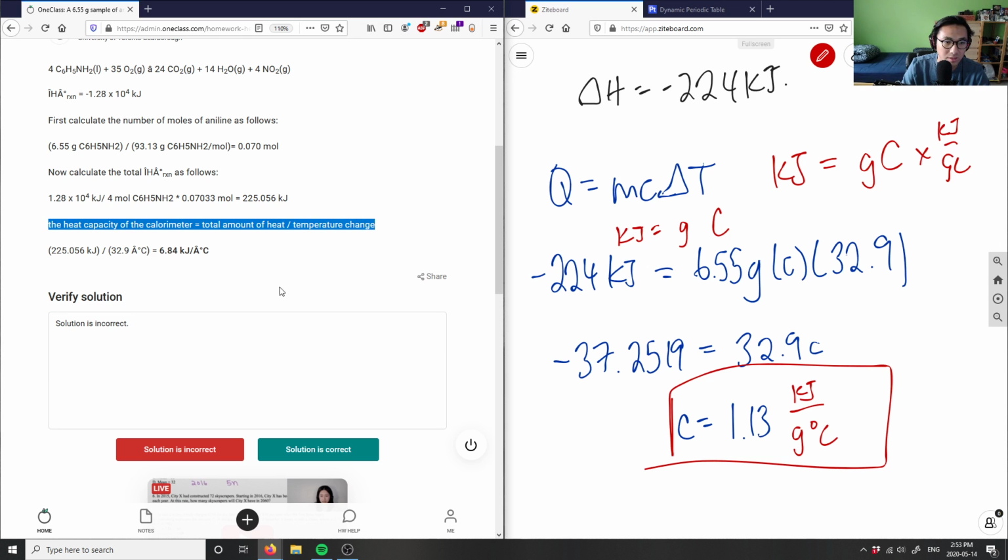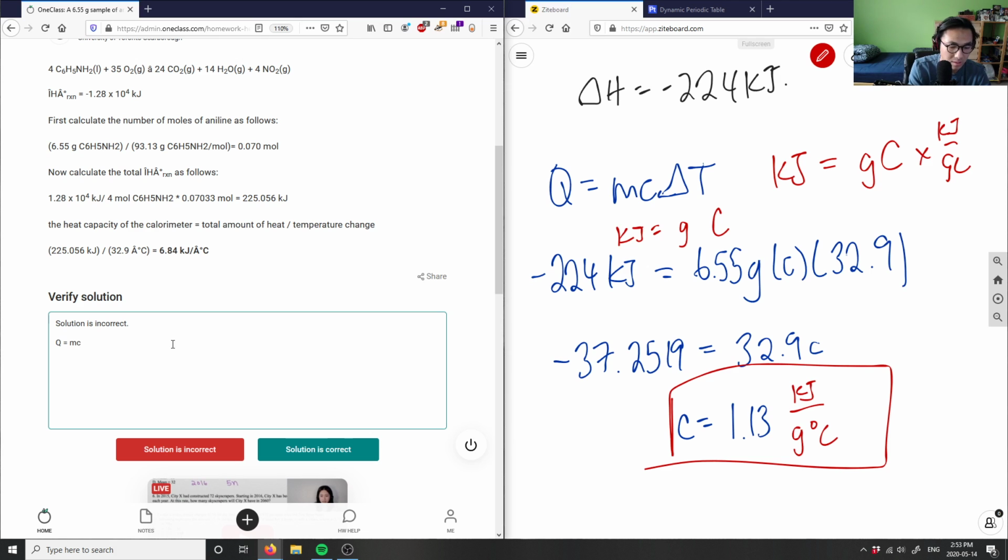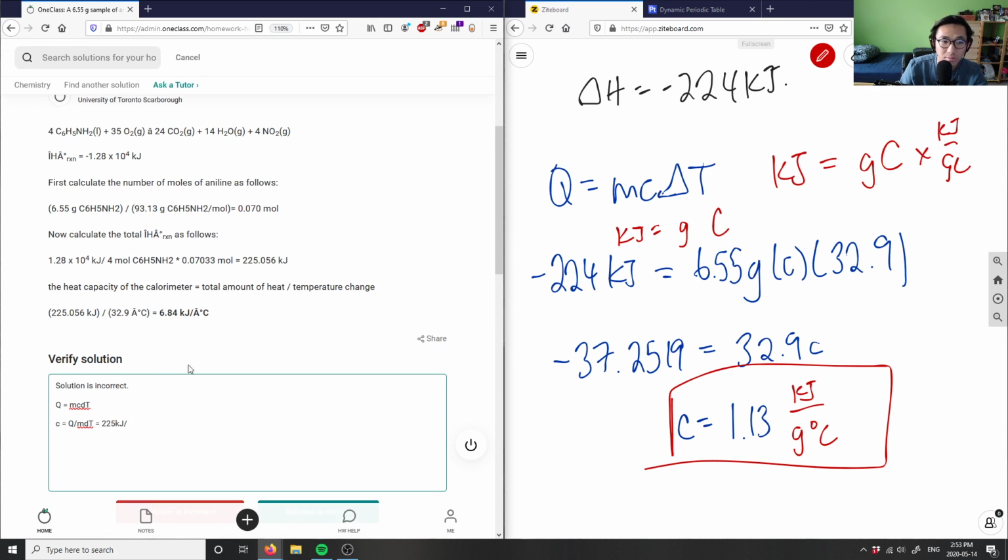And then I'm going to copy and paste here. This is a wrong solution, right? So Q equals MC times delta T. So therefore C would equal Q divided by M delta T, which would equal, Q here is negative, again, or 225 kilojoules divided by the mass here, which was 6.55 grams times 32.9 degrees Celsius.